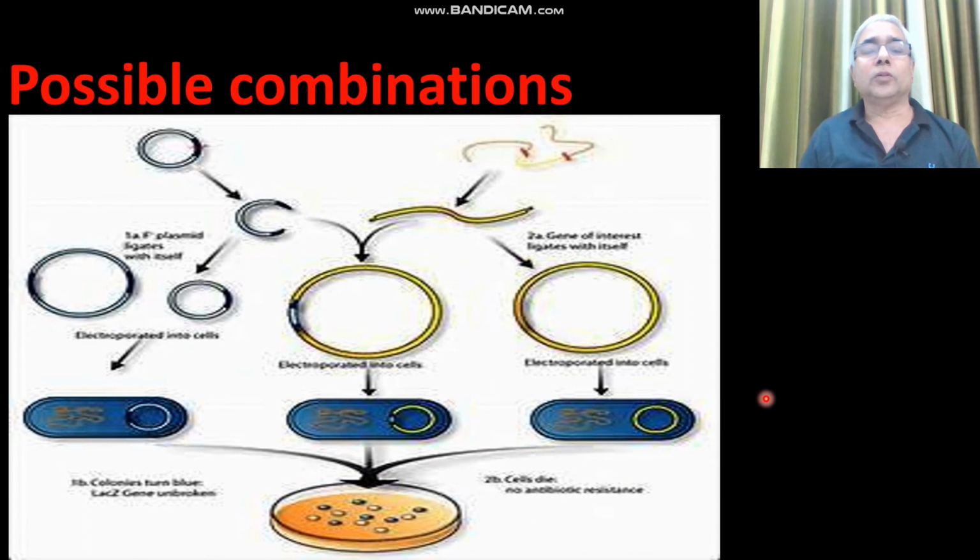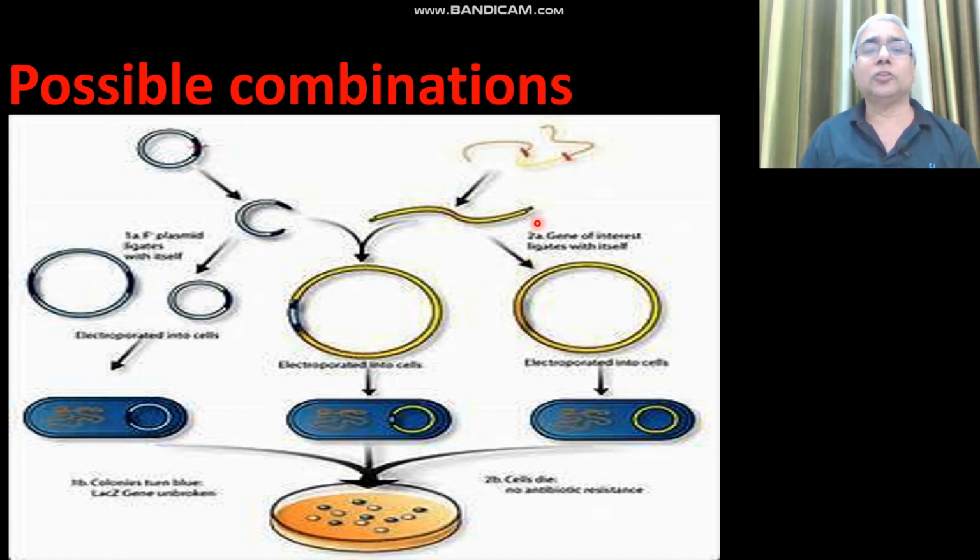Now, though this process looks very easy, in fact there are very few chances of getting a successful insertion of the gene construct, because there is a chance that the plasmid which has been cut open, here you can see the plasmid has been cut open by a restriction enzyme, instead of joining with the gene of interest, rejoins by itself and gets introduced into the bacterial host cell.